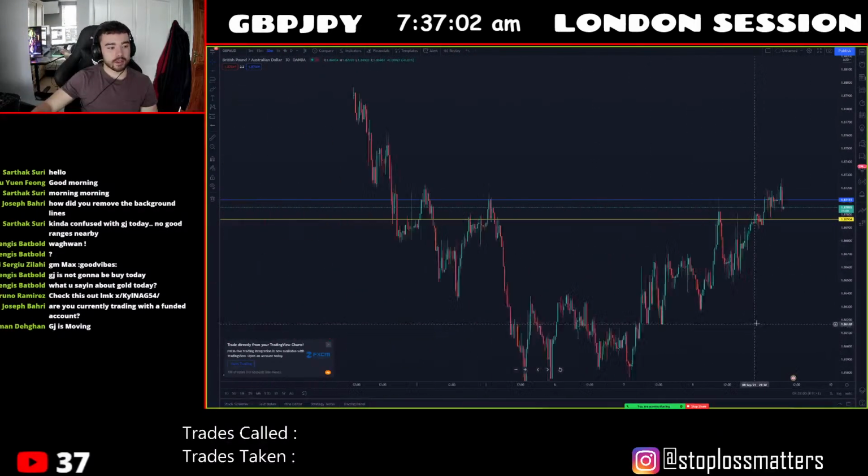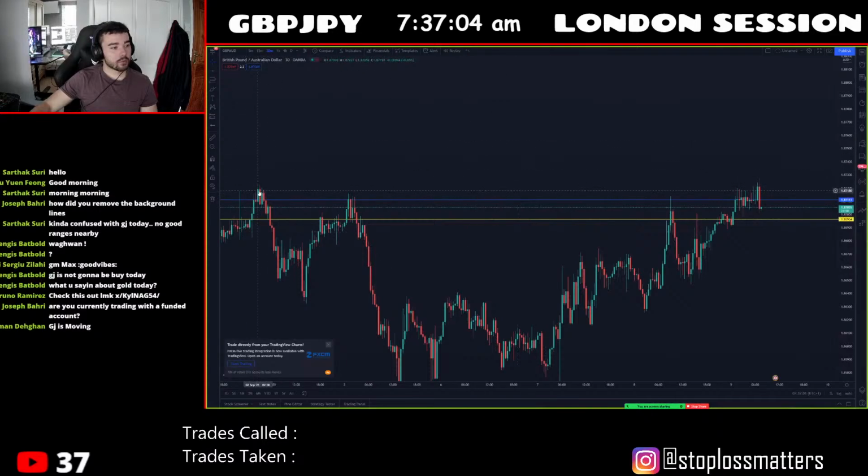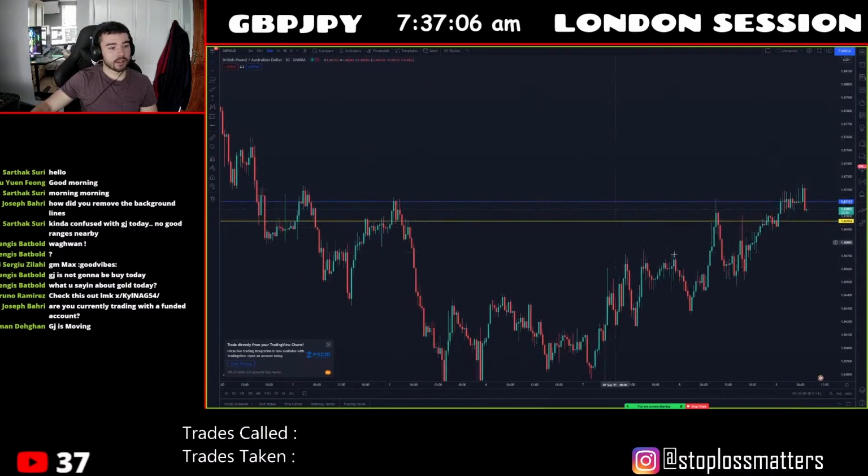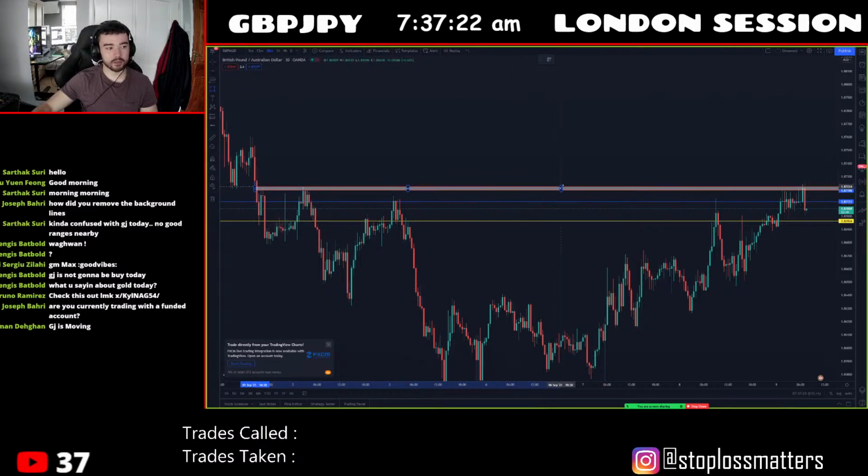So, did we get a close on the 30-minute over here? No, it didn't. Can you see? This is the resistance, and this one didn't really close above. So mad. I'm going to be looking for buys, and this will be the 4 hour resistance breaking, which will be horrendously amazing.